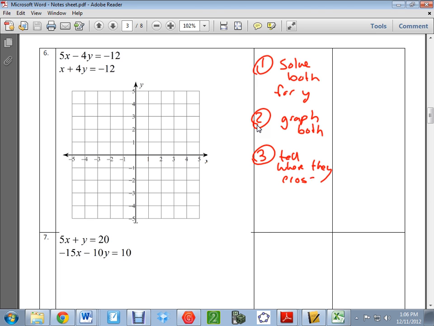So most of these are exactly like the previous one. Whenever you are going to do this, you will have the same two special cases: parallel lines are no solutions, and lines that are directly on top of each other are infinite solutions.